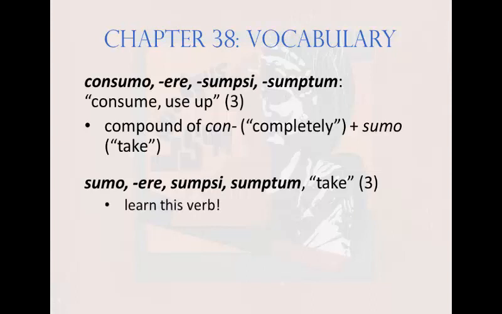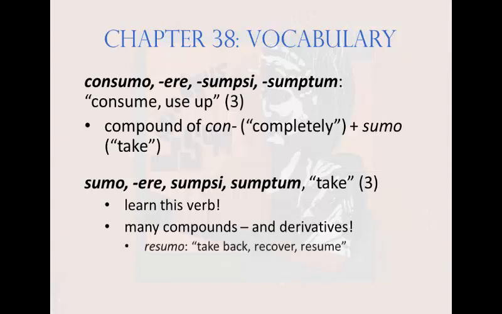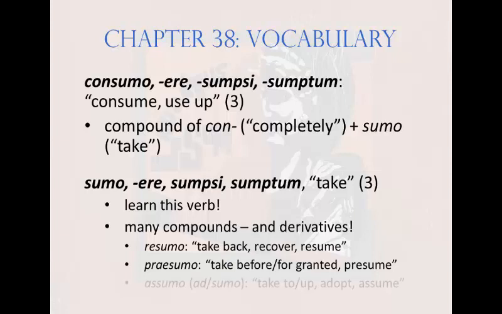Not only is it commonly used in Latin, but it also produced a raft of compounds, which in turn produced a boatload of English derivatives, like resumo, take back, recover, or resume, praesumo, take before, take for granted, or presume, and assumo, that's ad plus sumo, meaning take to, take up, adopt, or assume.